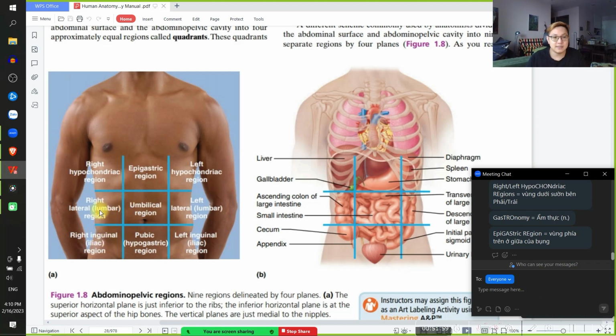Go down, we have the right lateral region, or we call it the right lumbar region.